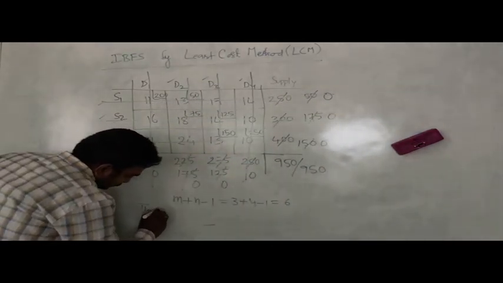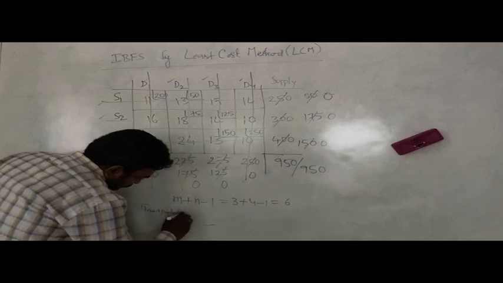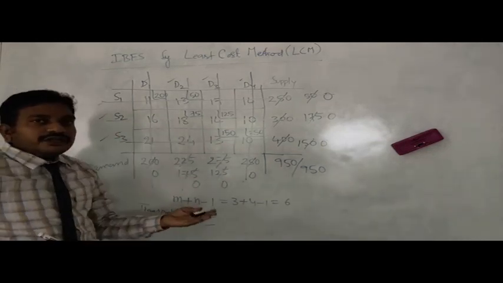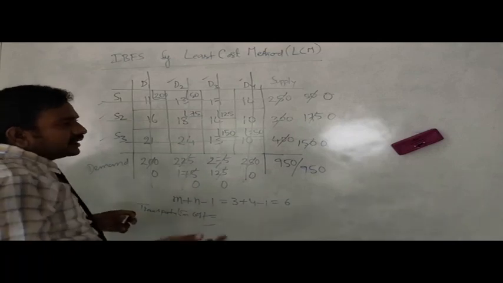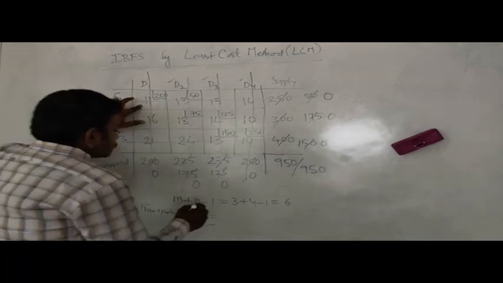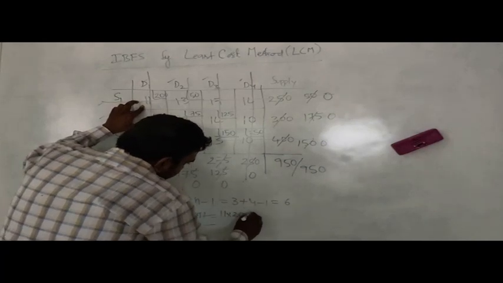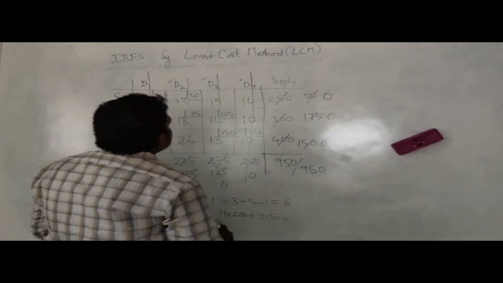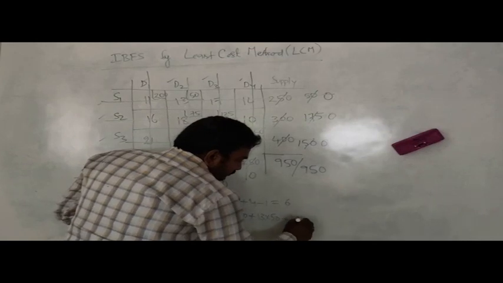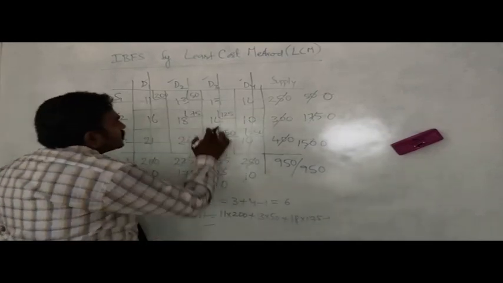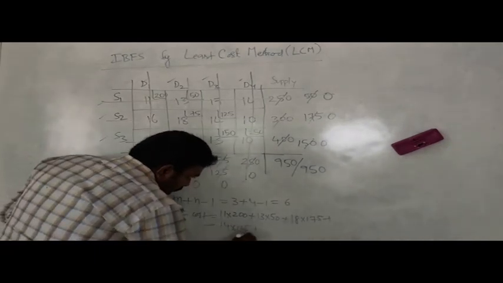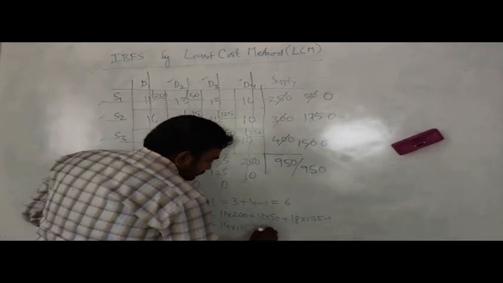Now I need to find out the transportation cost. That equals transported units into transportation cost, the cost of transporting that commodity. 11 into 200 plus 13 into 50 plus 18 into 175 plus 14 into 125 and 13 into 150.